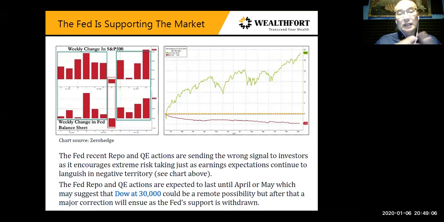But much depends on what will happen in the coming weeks between US and Iran. If everything goes back to normal and the Fed continues to print money, then yes, the Dow would most likely continue to move up. And then up to April or May, we see what the Fed will do.